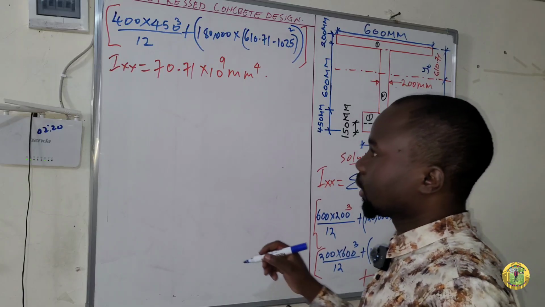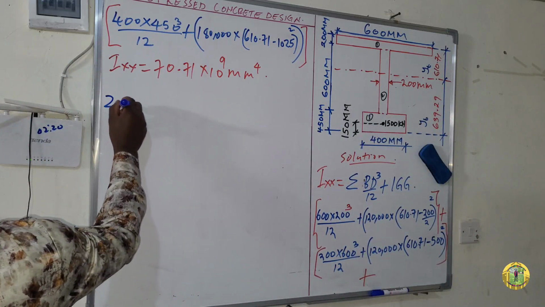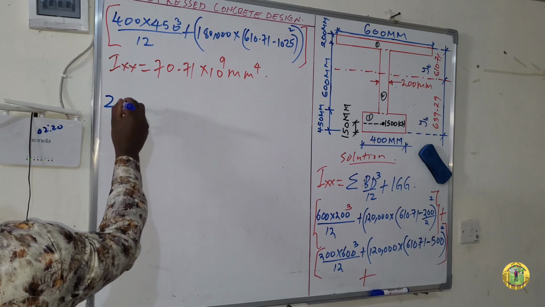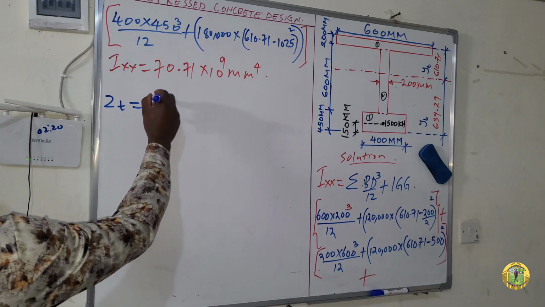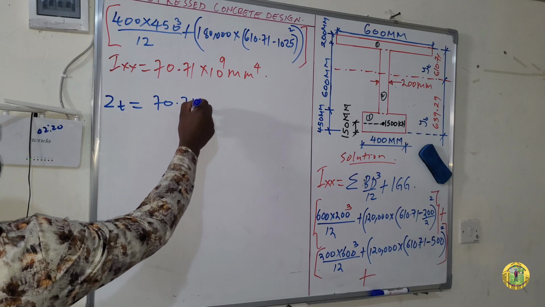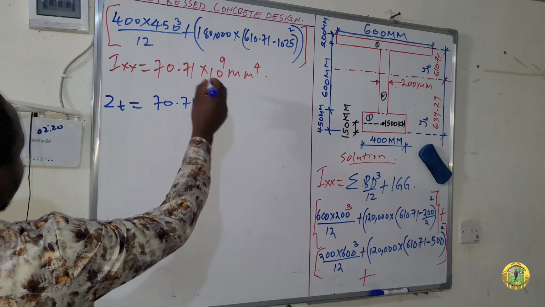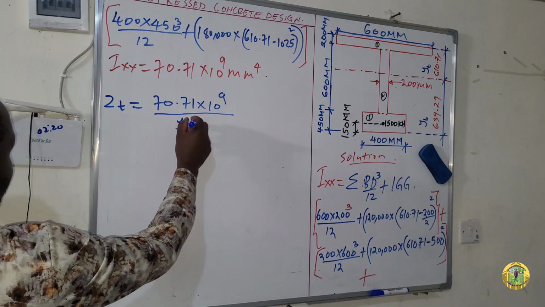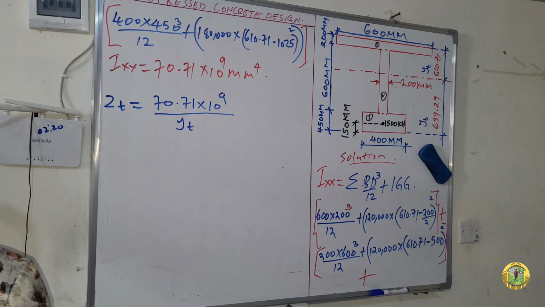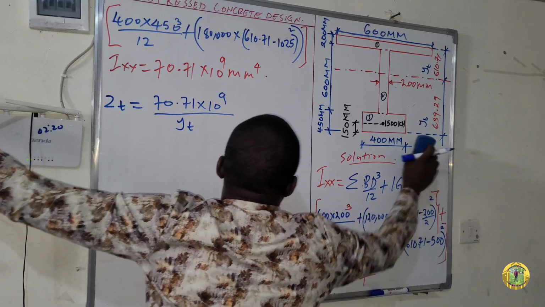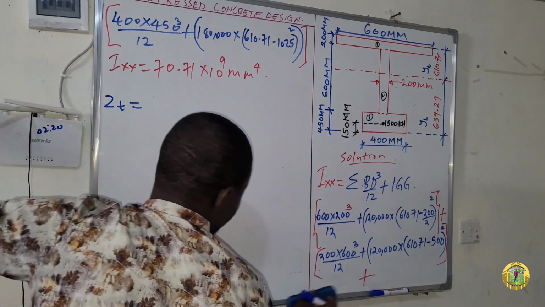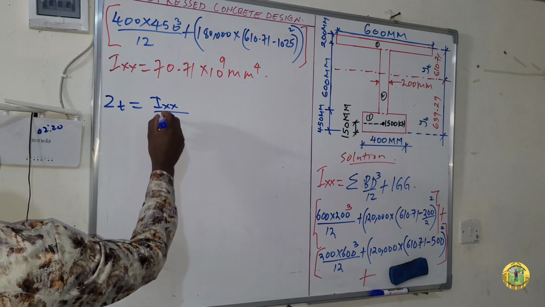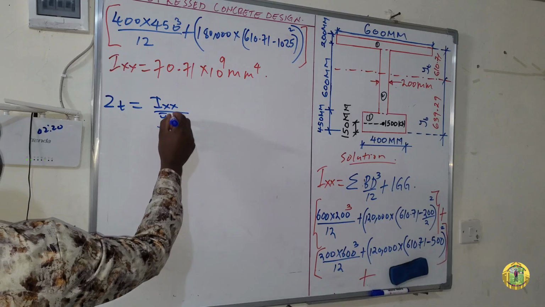So that is Zxx, or Z top. So let's start with Z top. So Z top, we will take 70.71 times 10 to the power of 9 and then divided by y top. So let me give you the formula: Ixx divided by y bar top.